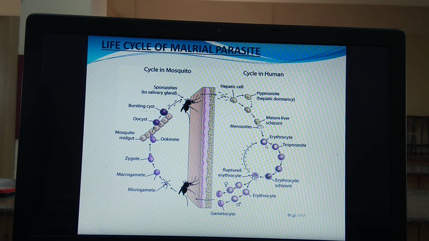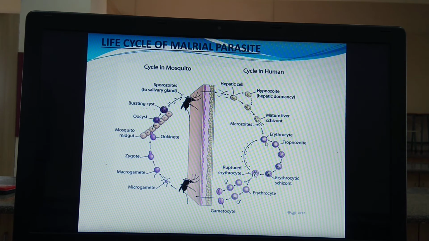What do you mean by erythrocytes? Erythrocytes means the RBCs. So now these erythrocytes get infected. In this erythrocytic cycle, from one erythrocyte, many erythrocytes or RBCs get infected. In the erythrocytes, these merozoites get converted into trophozoites. From trophozoites, again the schizont stages get formed. Schizont stages are again converted into merozoites.